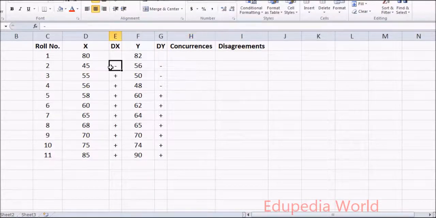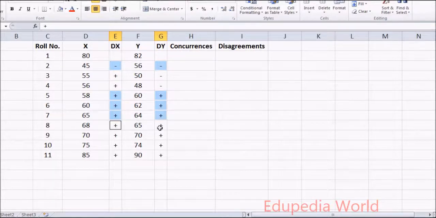So for the first pair, let me mark the concurrences with one color and disagreements with another. You have concurrences here, these two are positive. We see that for these two, one is positive and another is negative, so these two are in disagreement, whereas all the remaining ones are in agreement.